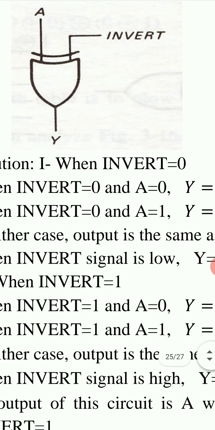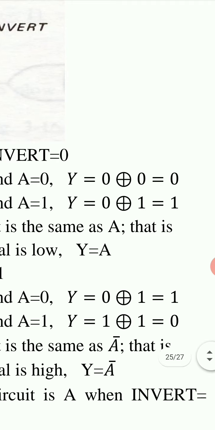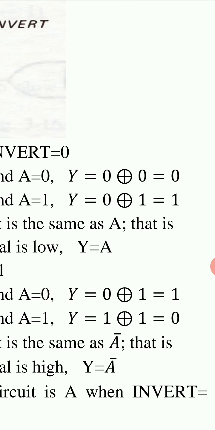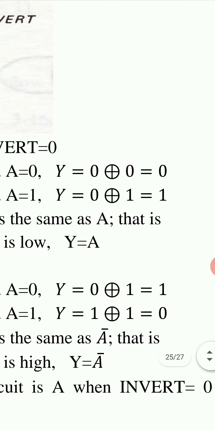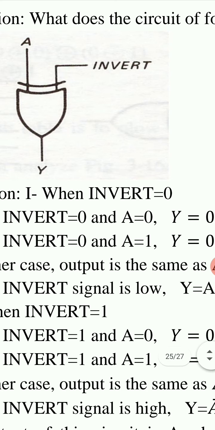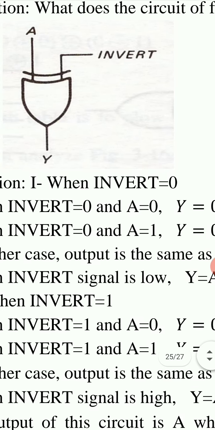When invert equal to 0, A equal to 0, Y equal to 0 XOR 0, which is equal to 0. And when invert is 0 and input A is 1, input A may be either 0 or 1.